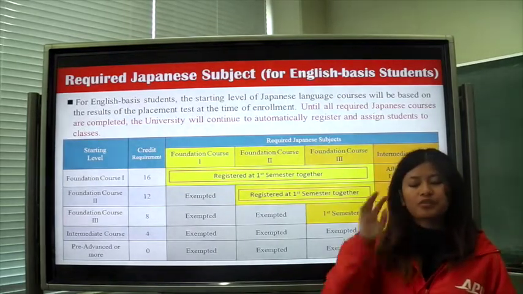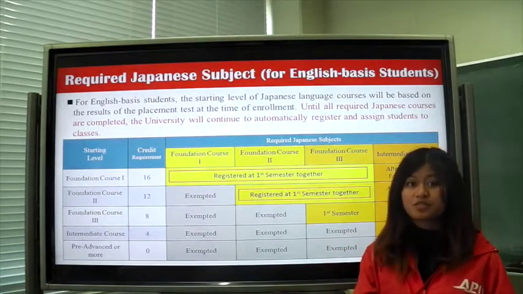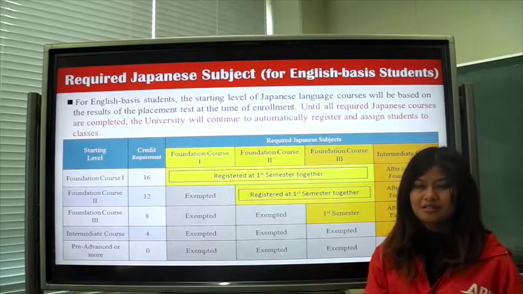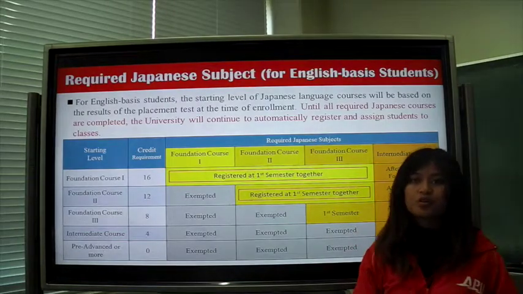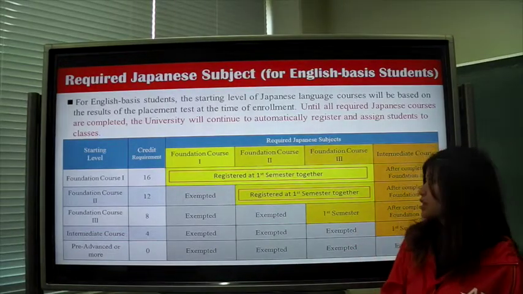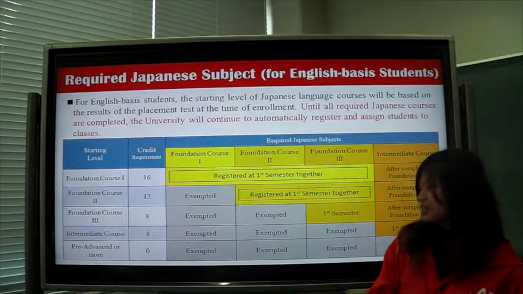when you finish your required Japanese foundation courses, the university will continue to register them until you finish all of them.